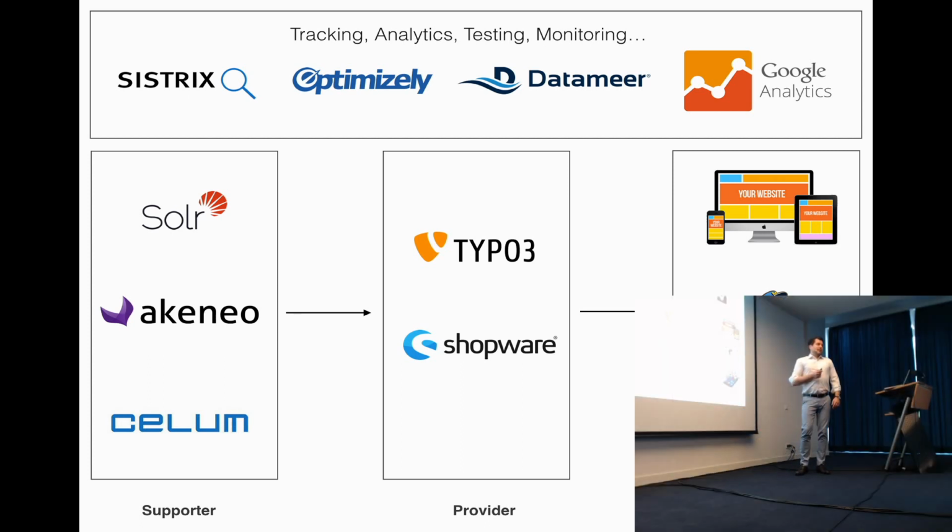We have Optimizely for testing, so for checking how our landing pages are working with conversion optimization. Maybe we have a data storage like Datamart and check our user profiles or download info, so trends and reports. And of course we have Google Analytics for seeing where the users are coming from and how long they stay on the website.